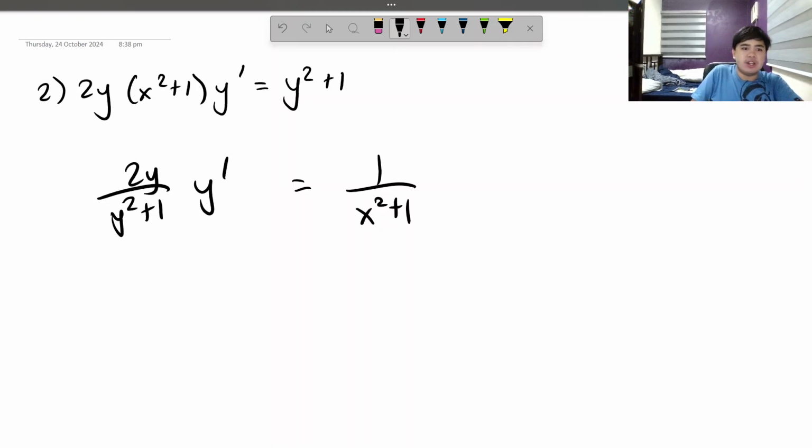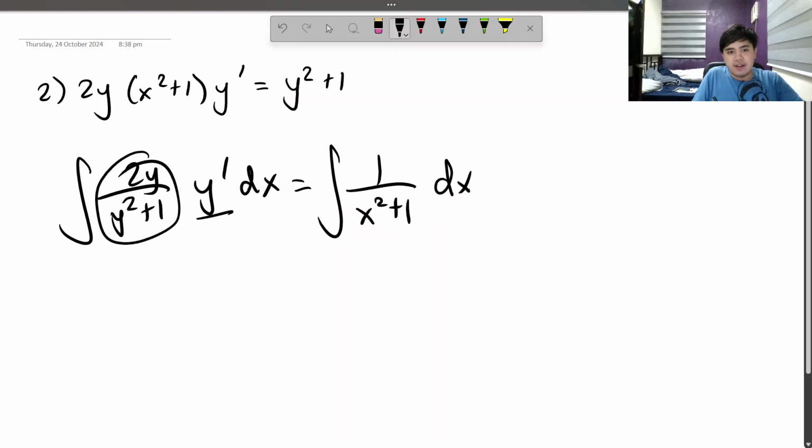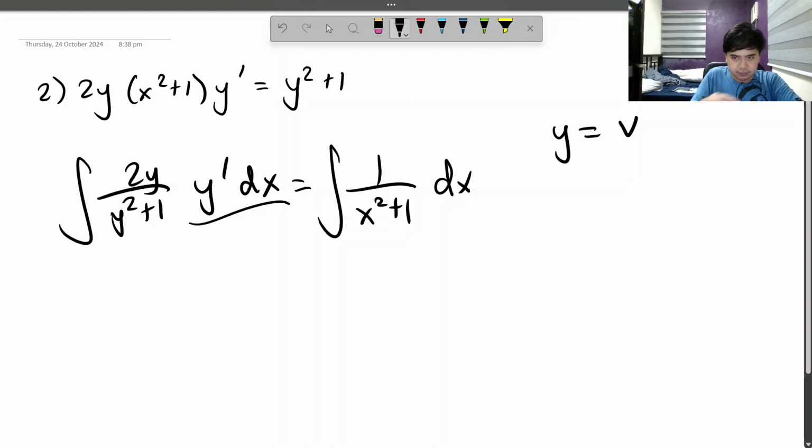Separated the variables here. Now we can integrate with respect to x on both sides. Now, this y prime will tell us that we can integrate with respect to y in this. That's what y prime dx is. If you want to prove that, you can use what they call integration by substitution.